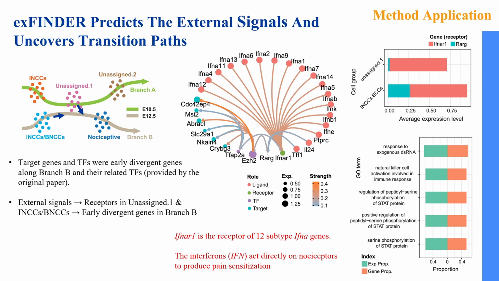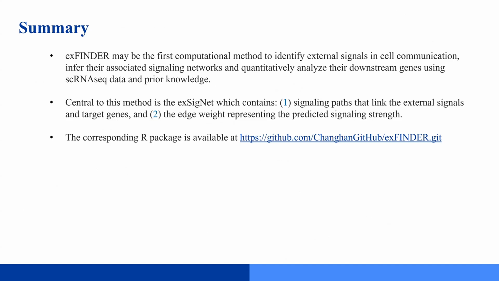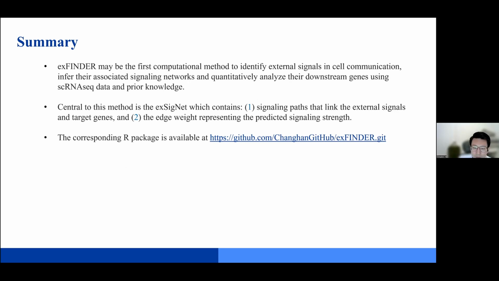Overall, this method is maybe the first to identify these external signals, and then you can also infer the signaling networks, including the downstream parts, and do quantitative analysis. Central to this method are signaling paths that link the external signals and the target genes. That's the network and the edge weight. We use these two to construct the weighted and directed graph. It's available online as our package.